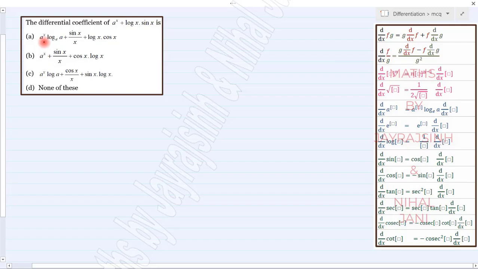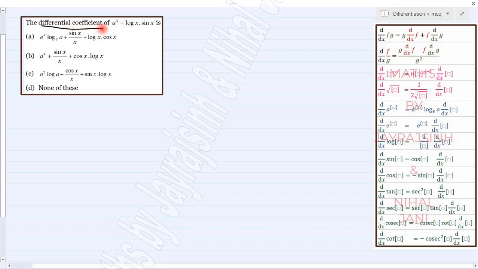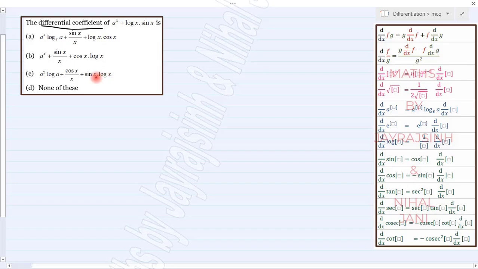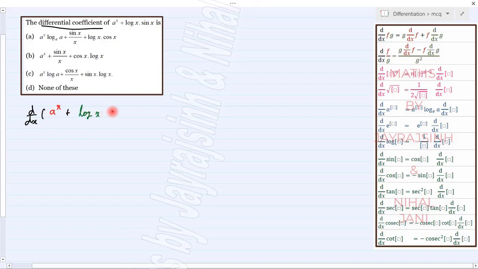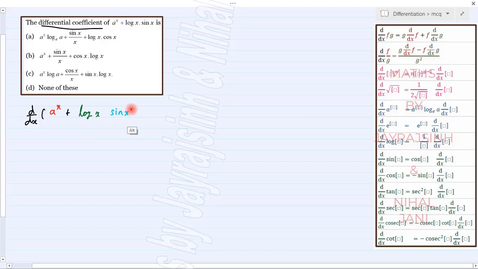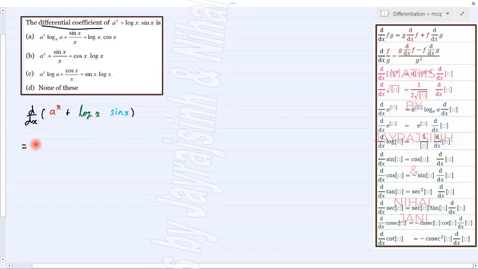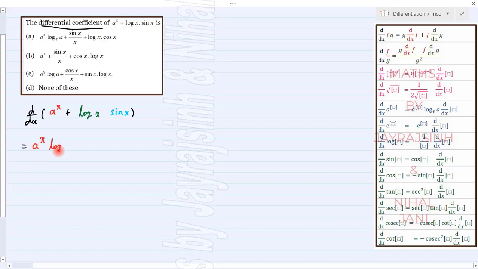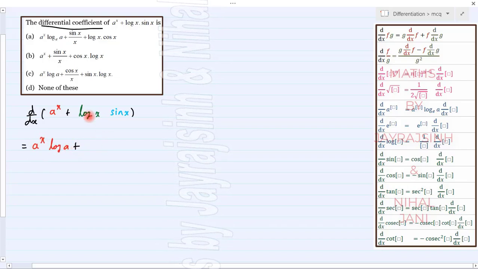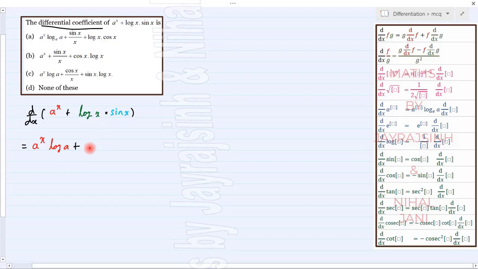In this question, we have to find out the differential coefficient of a raised to x plus log x into sin x. That means we just have to find out differentiation of a raised to x plus log x into sin x. So differentiation of a raised to x will be a raised to x log a, plus, to differentiate the second term, we have to apply the multiplication rule.